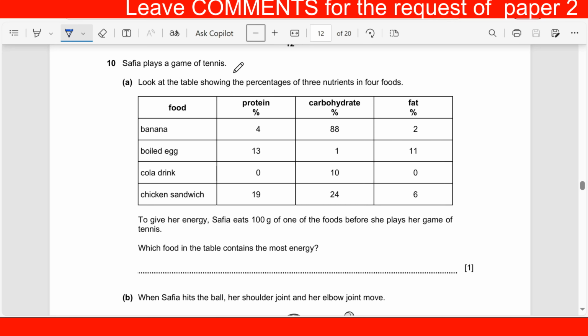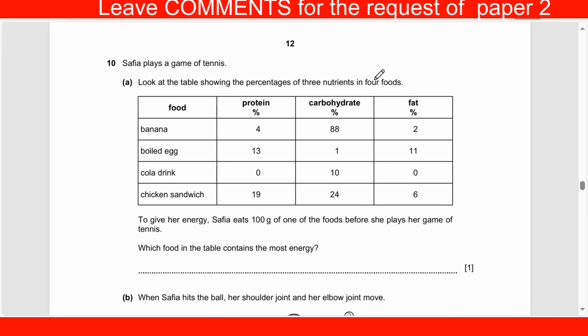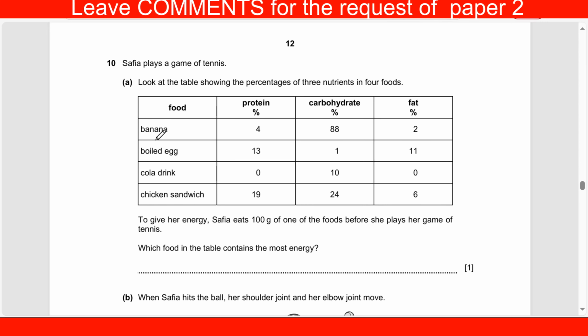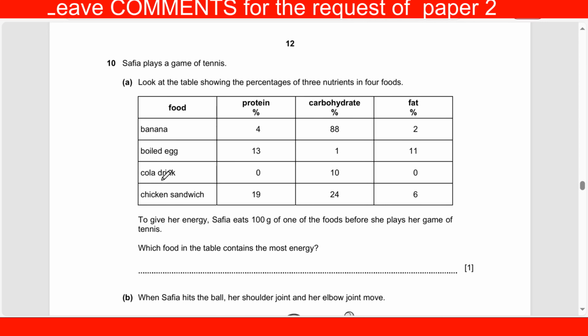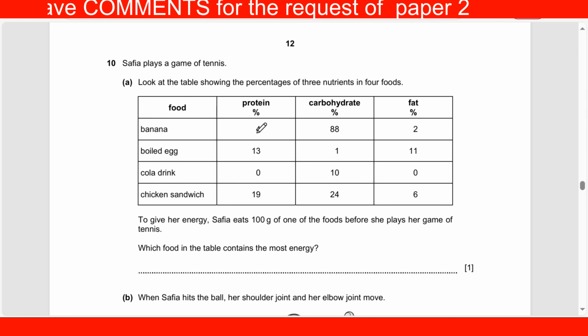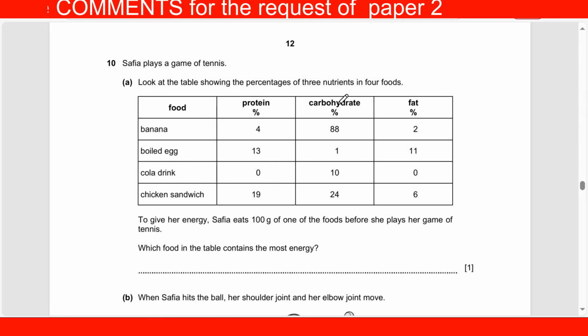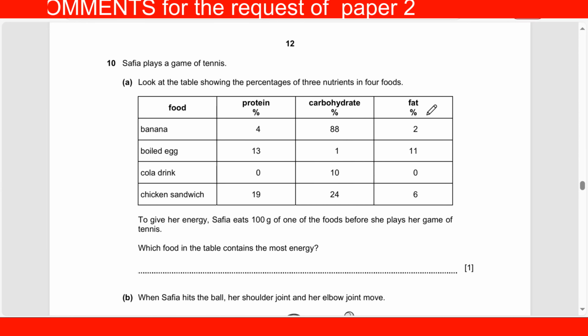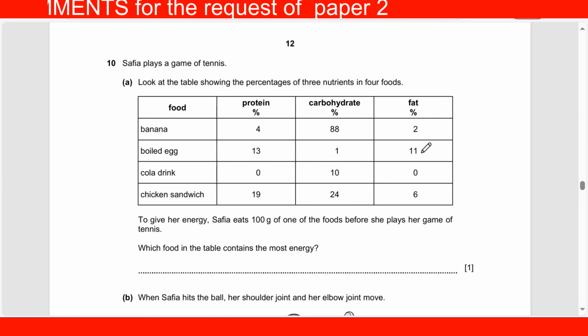Let's move on. For question 10, Sophia plays a game of tennis. A. Look at the table showing the percentages of 3 nutrients in 4 foods: banana, boiled egg, cola drink, chicken sandwich. Protein 4, 13, 0, 19. Carbohydrate 88, 1, 10, 24%. Fat 2, 11, 0, 6%. To give her energy, Sophia eats 100 grams of one of the foods before she plays her game of tennis.